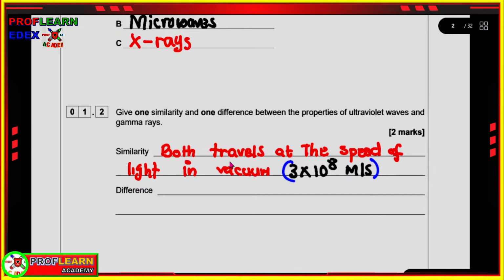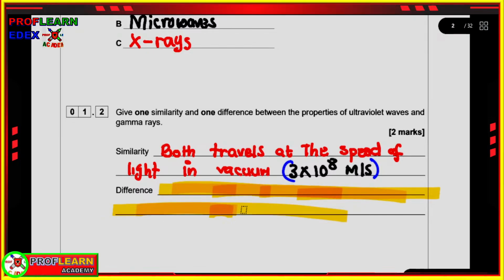So you need to remember a few properties like they obey the wave equation, they can be reflected, can be refracted, and so forth. We need also to remember the difference between the two waves. One of the differences that exists between the two waves is that these two waves are, of course, electromagnetic, but one has a greater wavelength than the other.